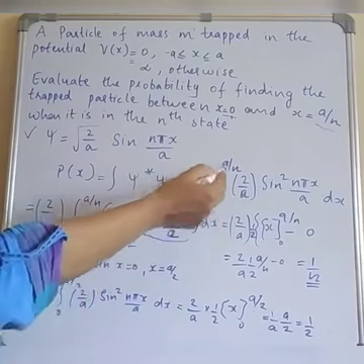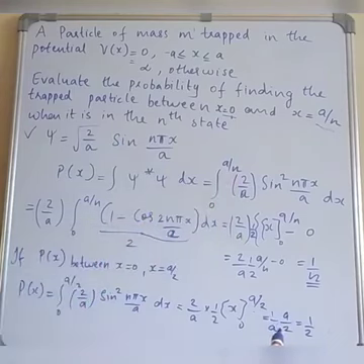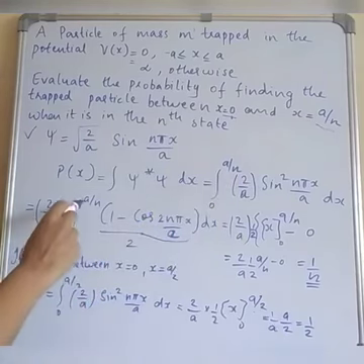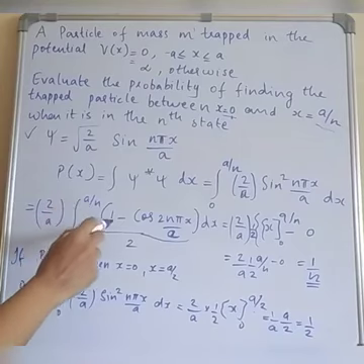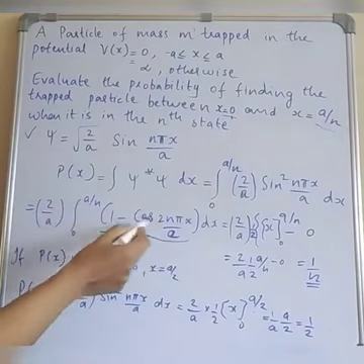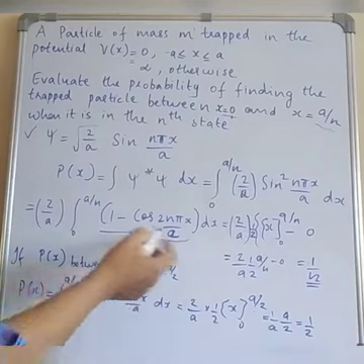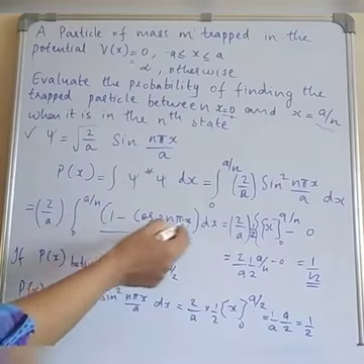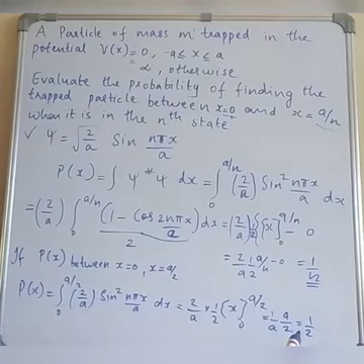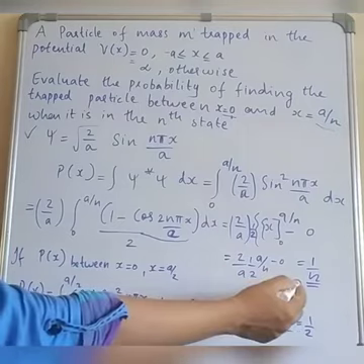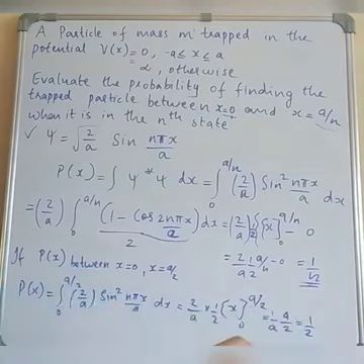So, the limit is 0 to a by n. Then 2 by a into integral 0 to a by n. Sin square is written as 1 minus cos 2x divided by 2, and when you integrate you will have only the first term, the second term will be 0. So, you have the probability 1 by n.